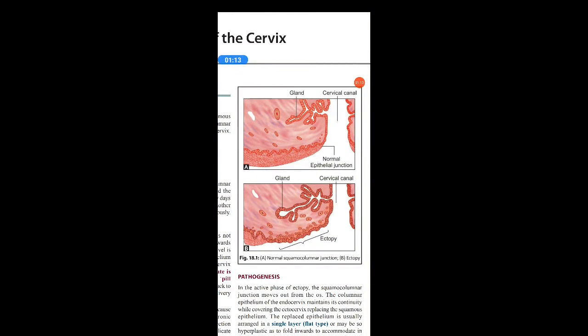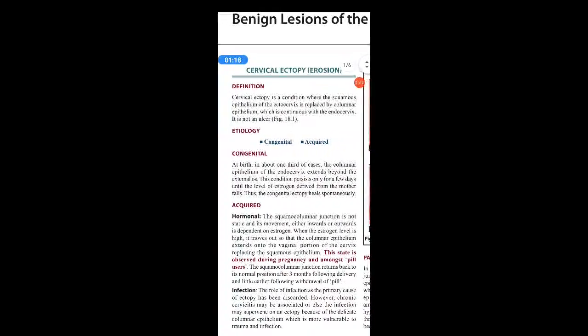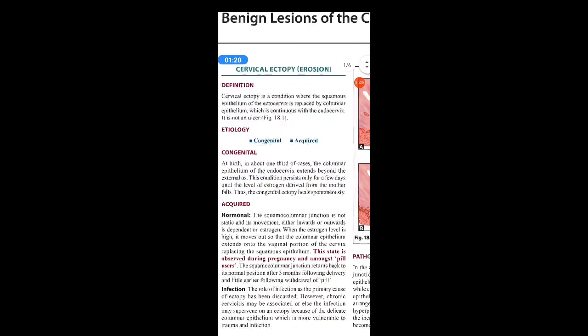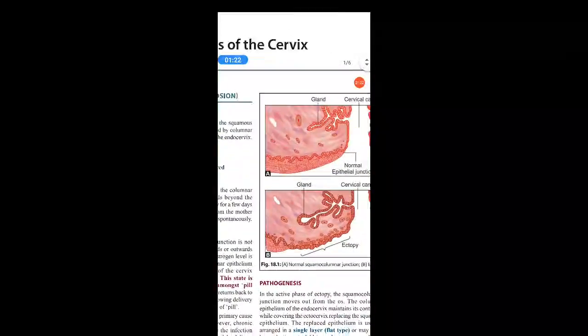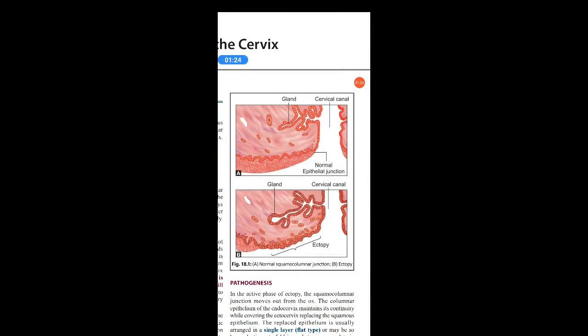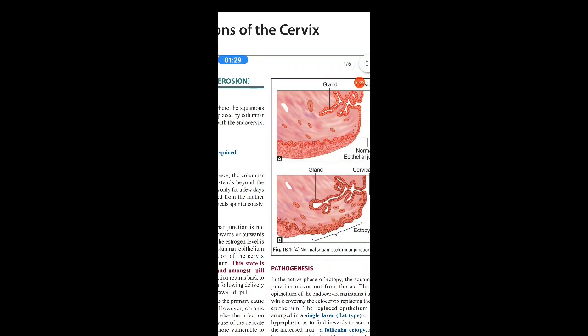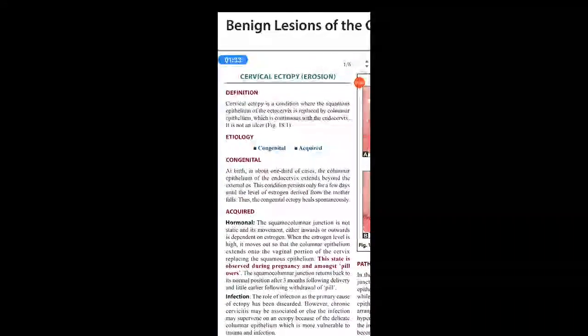Usually the ectocervix, the outermost part of the cervix, is covered with squamous epithelium, but in erosion the columnar epithelium of the endocervix comes and replaces the squamous epithelium of the ectocervix, and is continuous with the endocervix.